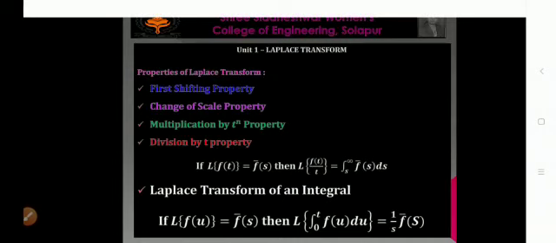The limits for this integration are 0 to t, and the result is 1 upon s f bar of s. Very simple property to be applied. Now we will see two examples to apply this property.